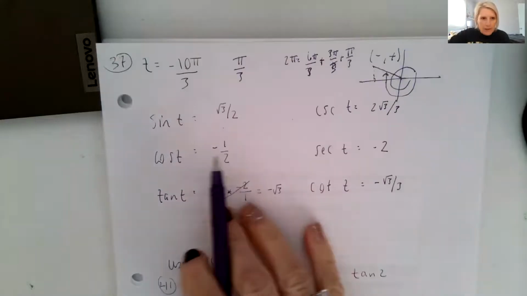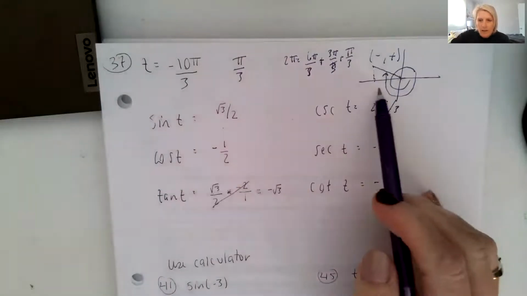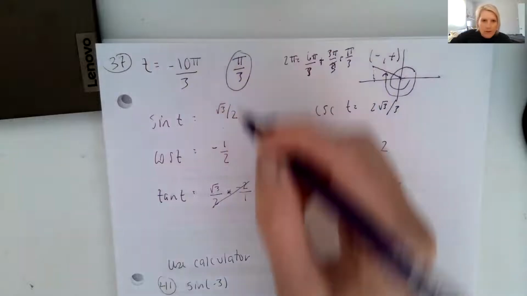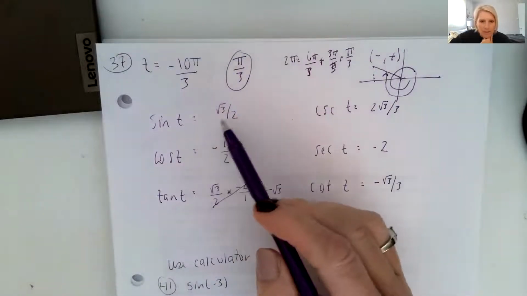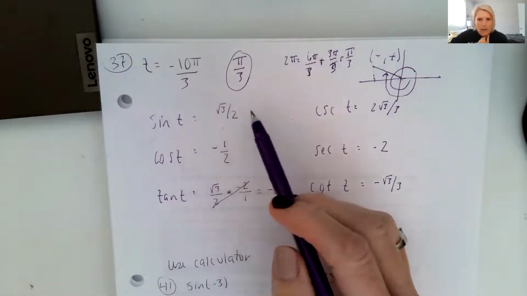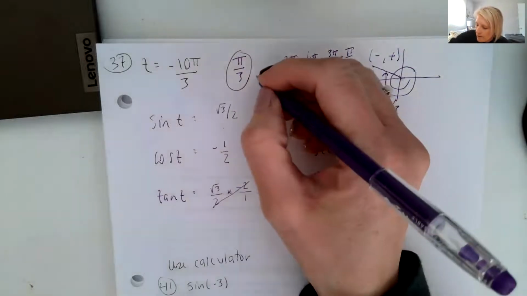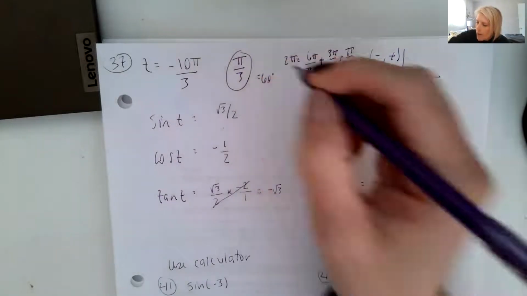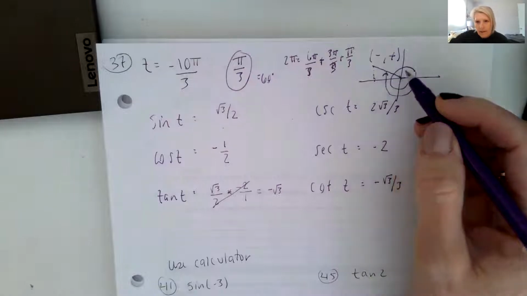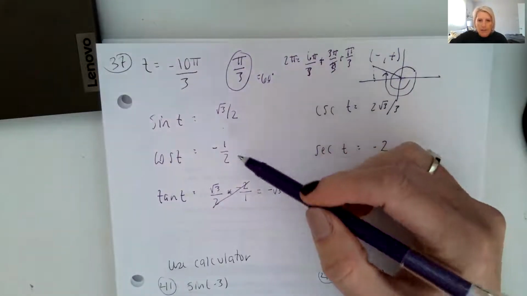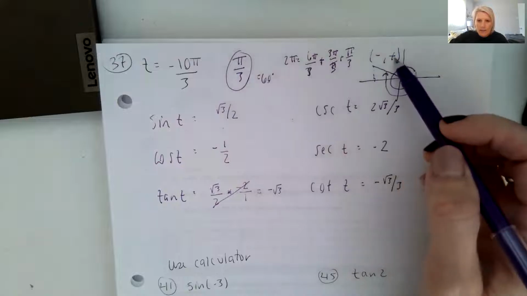So when I was finishing up problem 37, we had drawn the angle. This is our reference angle, pi over 3. And I had said that sine was square root of 3 over 2 at pi over 3, which is a 60-degree angle. But it's in the second quadrant. And so that means that it goes cosine comma sine.